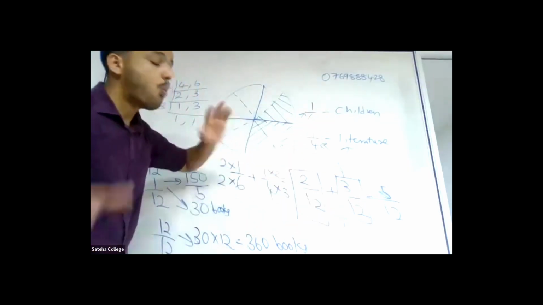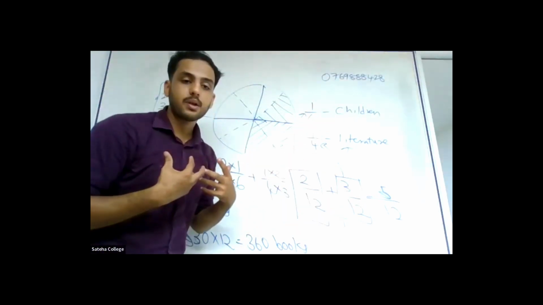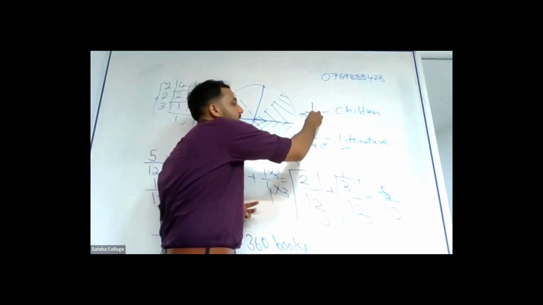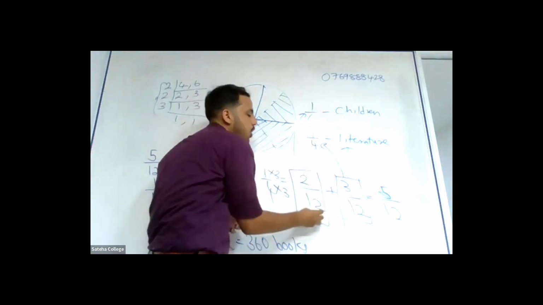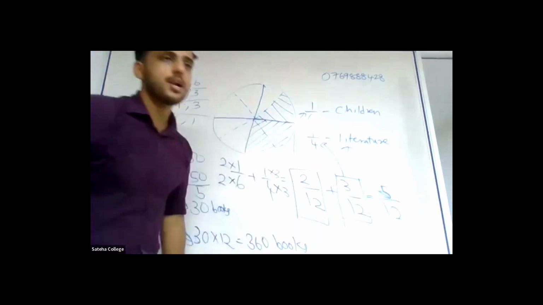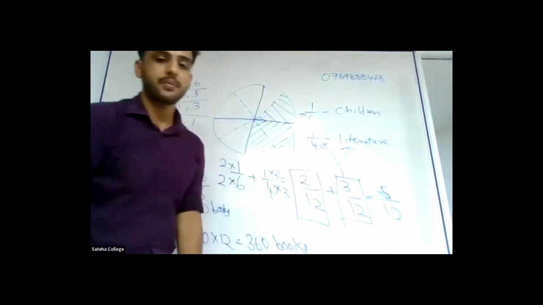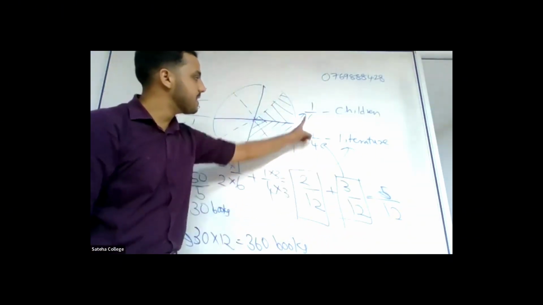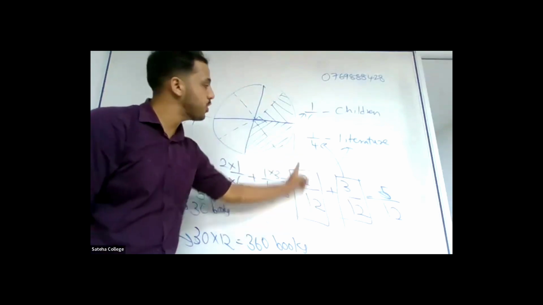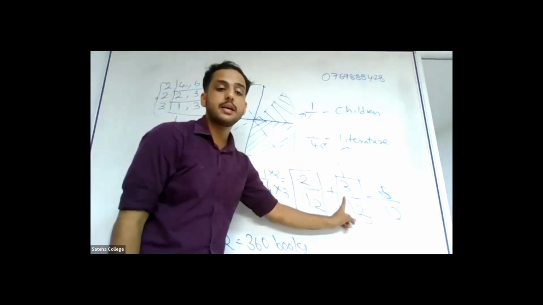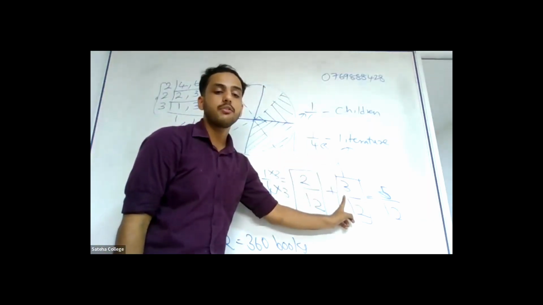Okay. Now, what have we done? We have converted both of these denominators to the same denominator. Now we can add them easily. So 1 over 6 is equal to 2 over 12. 1 over 4 is equal to 3 over 12.